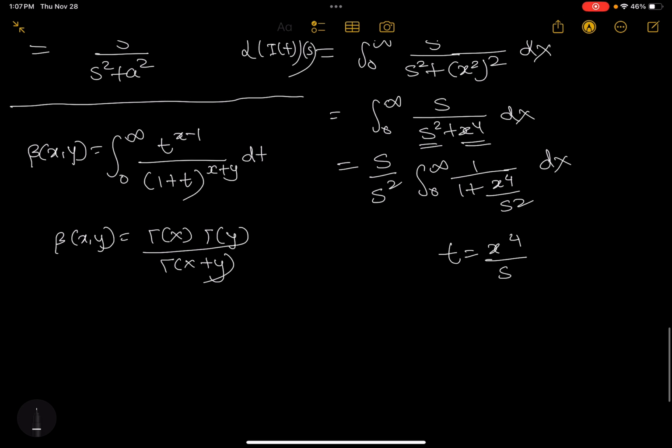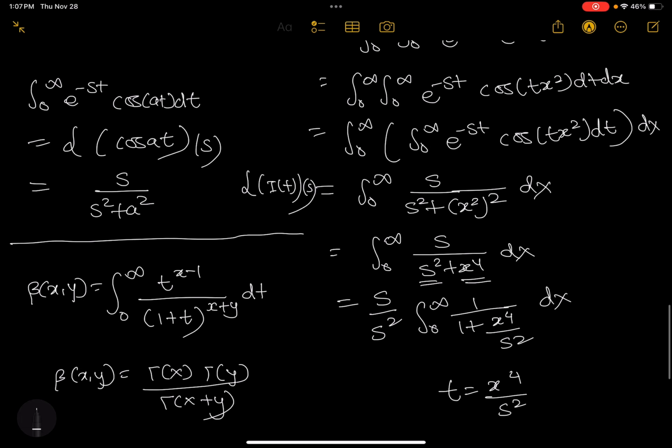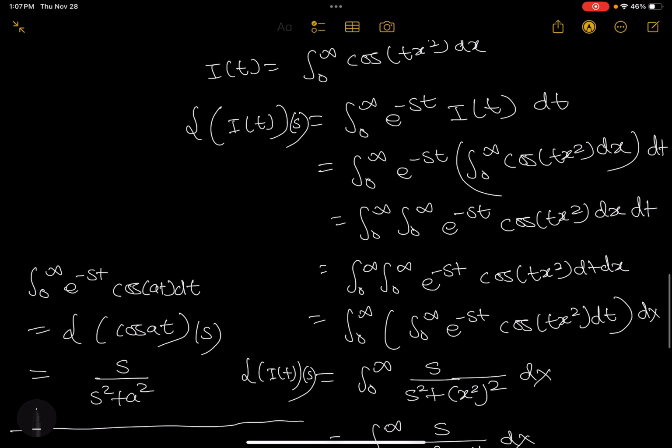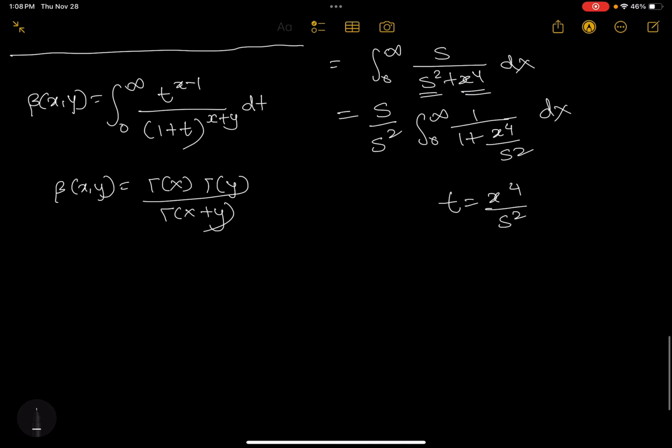So I will let t equal x to the power 4 by s square. If I let that, now we know that x to the power 4 is just t s square, and x is just t to the power 1 by 4 s to the power 1 by 2, and dx is just s to the power 1 by 2 times 1 by 4 t to the power minus 3 by 4 dt, right?